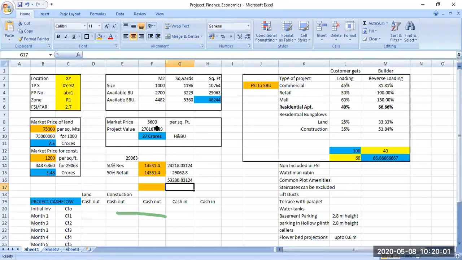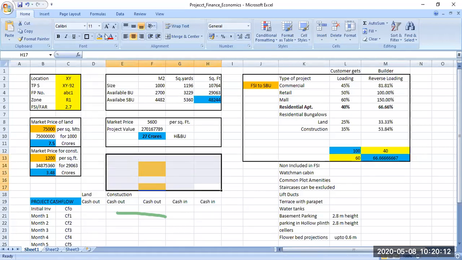For retail, you have to get another market price, and so your project value will also change if you're doing a mixed project. So for the benefit of this exercise or project, I would suggest you stick to either purely residential or commercial or retail. It will be easier for you.